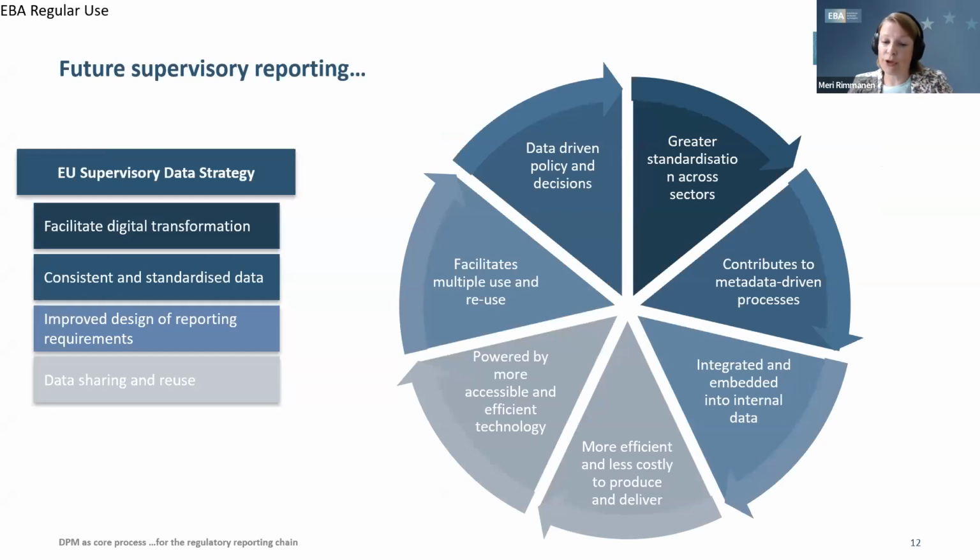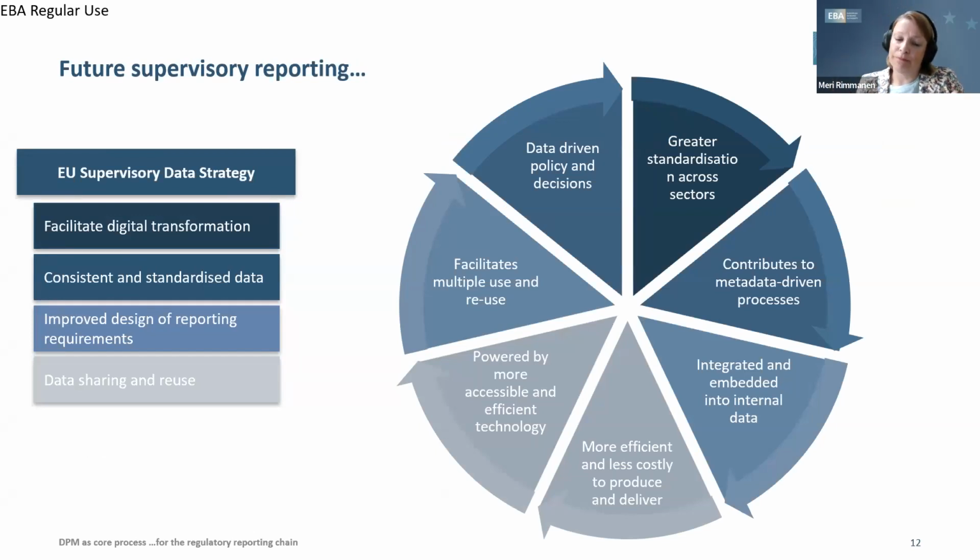Then for the future and with the DPM refit, we have the EU supervisory data strategy. We also have the data strategies of the EBA, EIOPA. We have the feasibility study from the EBA side. So we very much work closely with the ECB on integrating statistical reporting with the banking supervisory data.